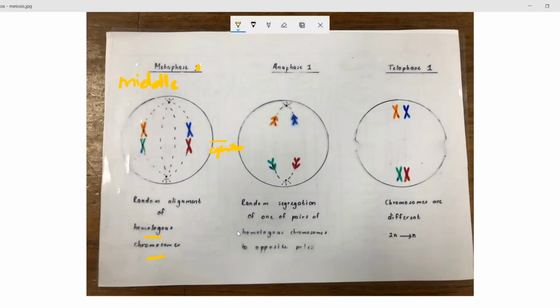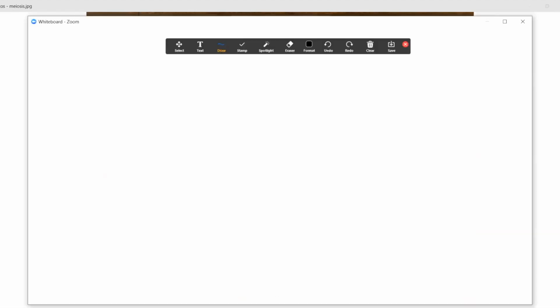Now, prophase I and metaphase I are the two phases that are responsible for genetic variation. Now let me explain this again to you with my pictures. Every time this is taking place in your body, there is no set pattern for the chromosomes at the equator, meaning the chromosomes can be maternal, paternal, maternal.